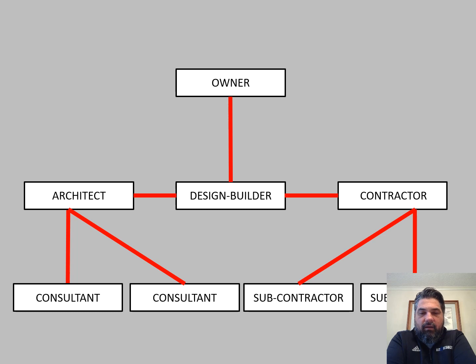That can help alleviate some of those issues, provided that the architect and the contractor have come together in some third party entity, an LLC or corporation, that is those two companies coming together and creating something else that contracts directly with the owner.